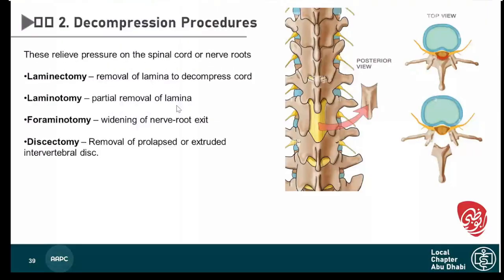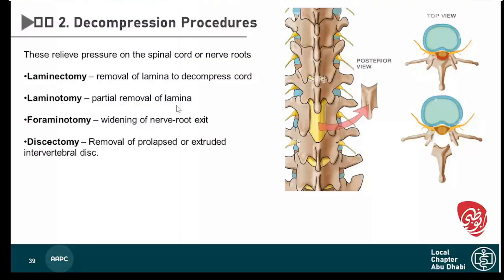Then comes decompression procedures. What are decompression procedures? Decompression procedures are mainly done to decompress the spinal cord or spinal nerve roots. Mainly it is caused by intervertebral disc disorder, which may lead to compression of nerve root and spinal cord.